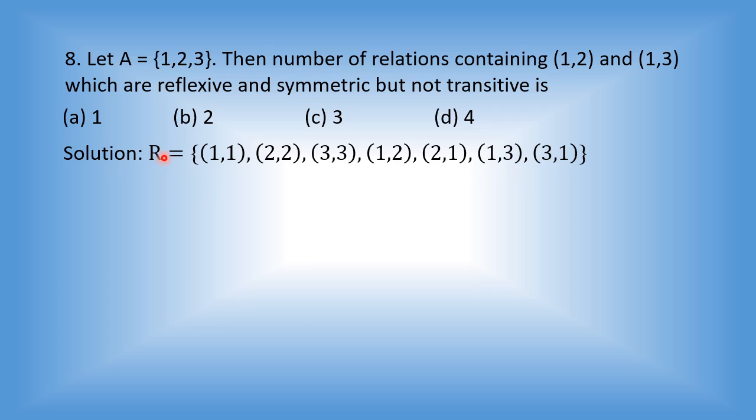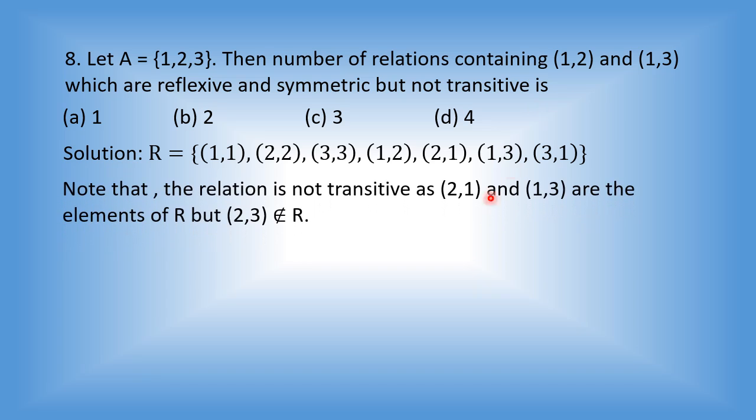And in this case, this is not transitive. As I consider this ordered pair 2, 1 and another ordered pair 1, 3. We know the definition of transitivity: if A, B and B, C belong to the relation R, then A, C also belongs to the relation R. That means ordered pair 2, 3.